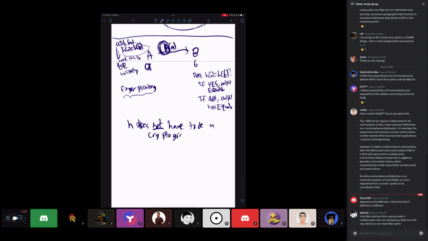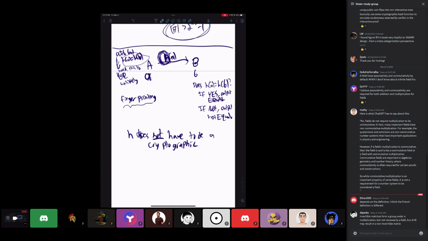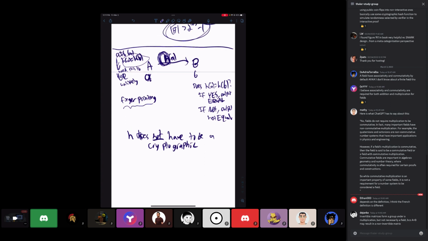Okay. It's not important in this context that, for example, collisions be intractable to find. Cryptographic hashes have to satisfy properties like being collision resistant, meaning it requires enormous computing power to find A and B that collide under the hash.